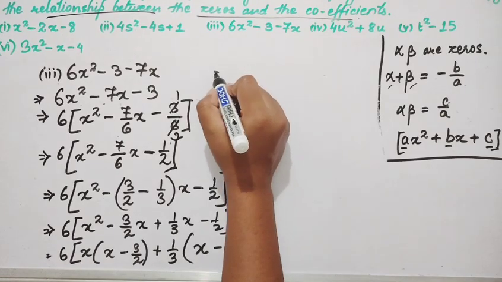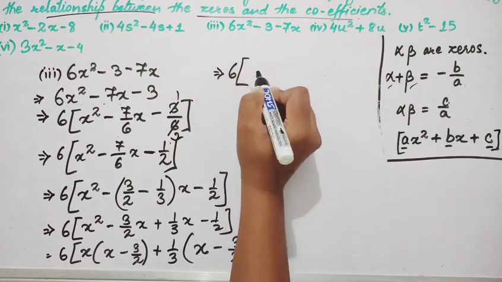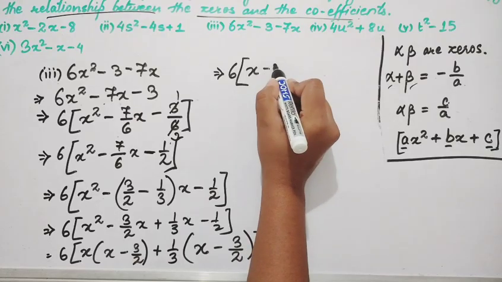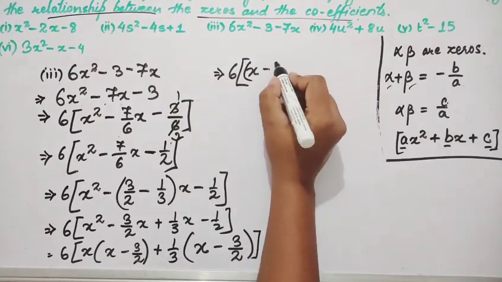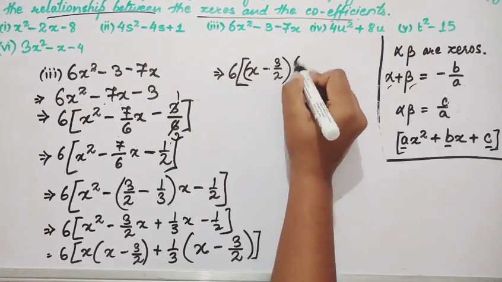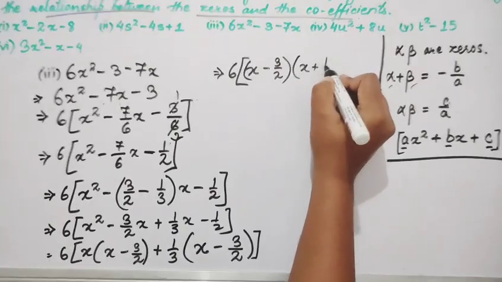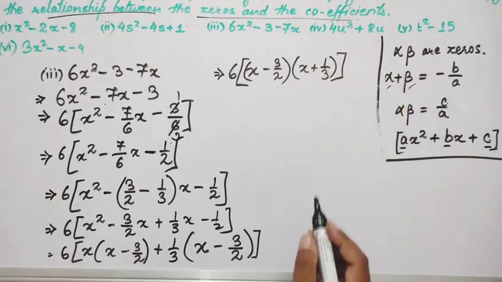So the final equation is x minus 3 by 2 common, and what we get is x plus 1 by 3 over here.